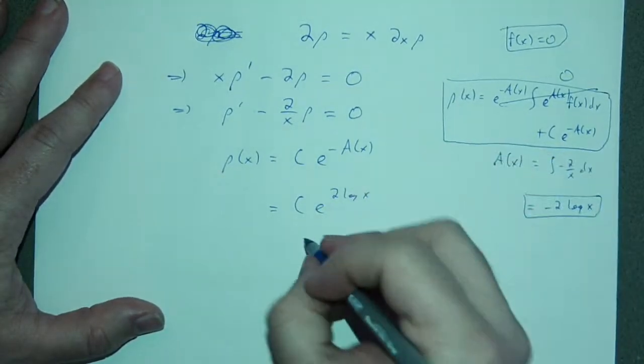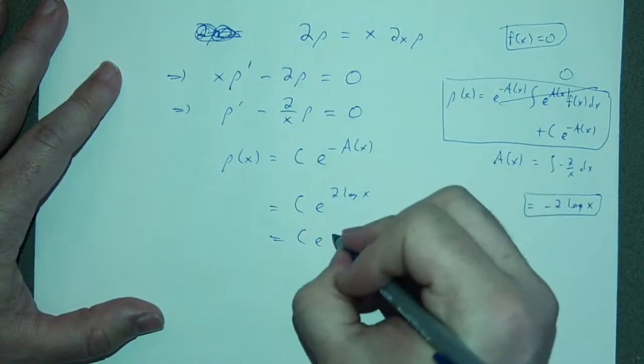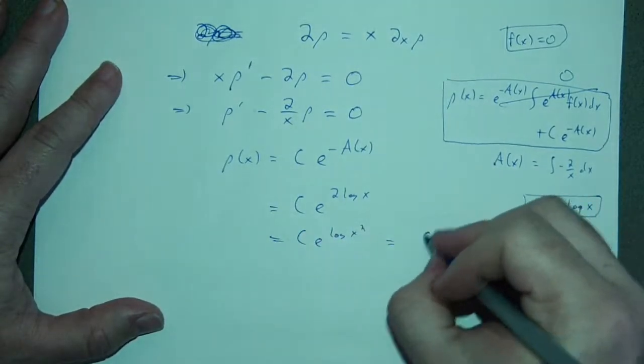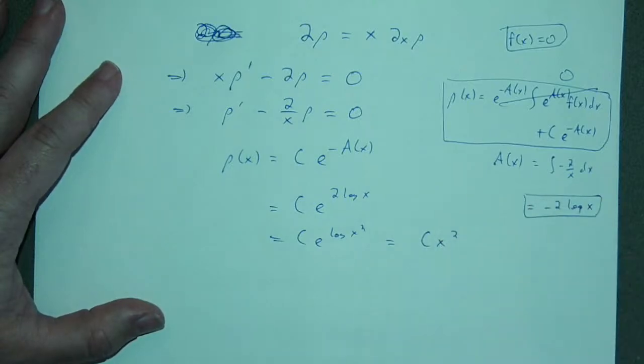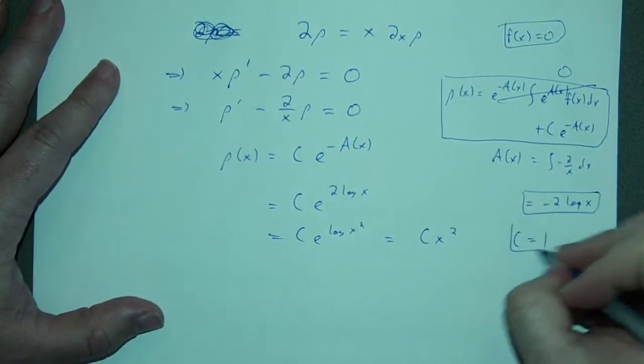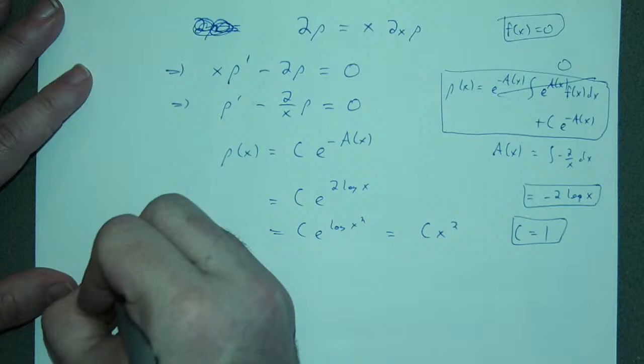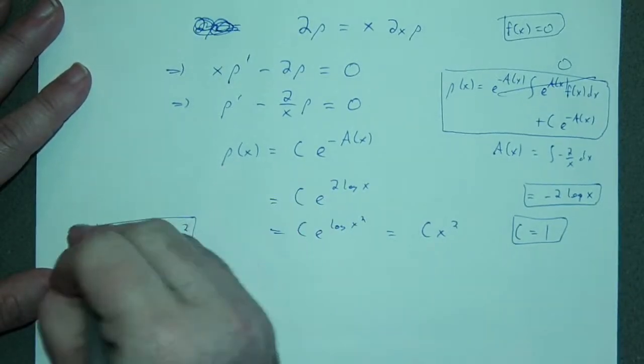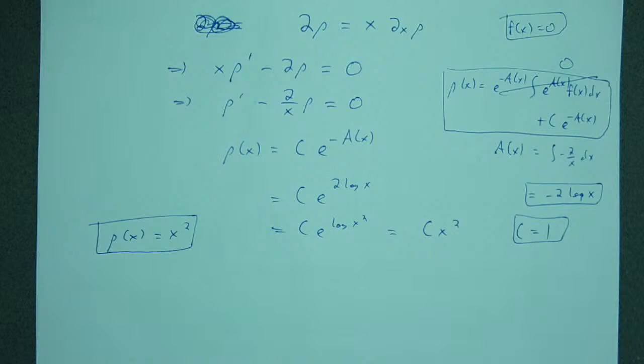Let's use a log rule. So this is c e to the log x squared, so this is c times x squared. And of course, I just choose c equals 1 here because I don't care.